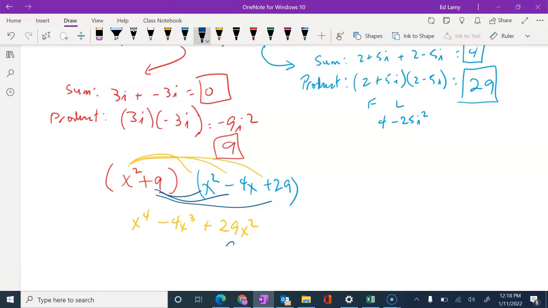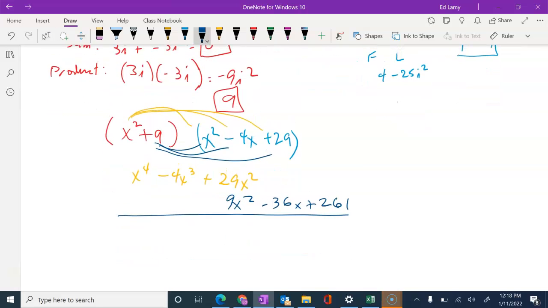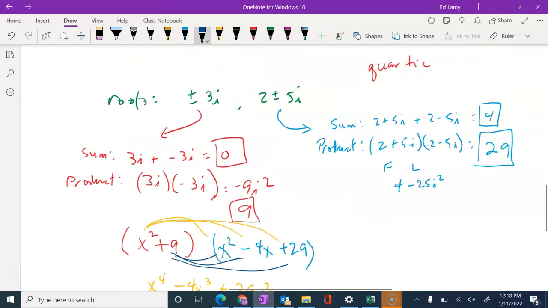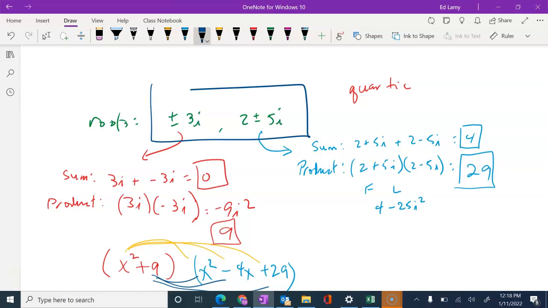That's 9x squared minus 36x. 9 times 29 is 261. So if I add them up, I'll have my polynomial. I got x to the 4th minus 4x cubed plus 38x squared minus 36x plus 261. That would be the polynomial in standard form that had these roots.